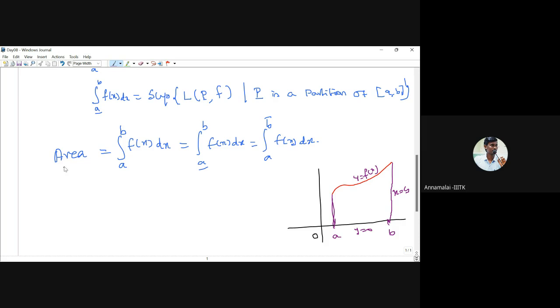So this is nothing but the area of the region bounded by the line x equal to a, the line x equal to b, the line y equal to 0, and y equal to f of x. Okay, so for a function we get a region. Therefore we call the area of this region, the shaded region, the integral.